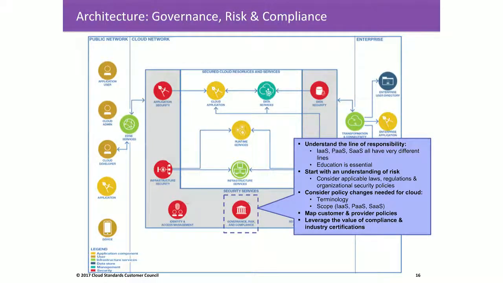But of course, on an infrastructure side, the cloud provider only takes on very low-level infrastructure and physical security responsibilities, leaving the rest to the customer. So understanding that line, really educating the business and consumers and providers on where their various responsibilities are is absolutely essential. Any governance and IT security and policies all build off that baseline.